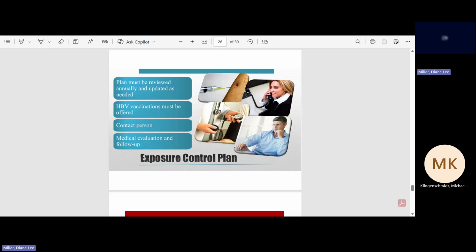So our exposure control plan will go over at the conclusion of this talk, but we must review per policy our plan annually, and we update it as needed. This was updated during 2020 and 2021 during the COVID pandemic. But now that we are not seeing numbers to that level, we're going back to more of our original plan.